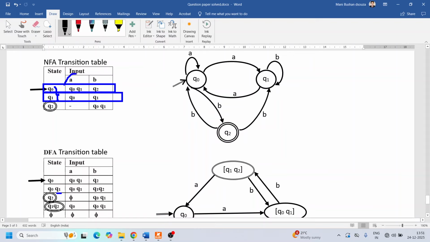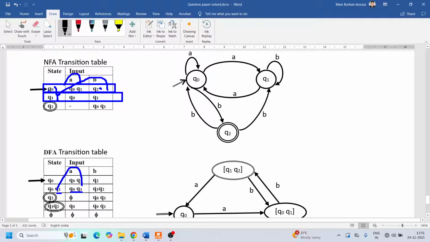If the input is A, you get Q0, Q1 and Q0. Remember, you are making a union, so you do not repeat things. So when the input is A, the state will be Q0, Q1. Next, Q0 Q1, if the input is B, what are you going to get?